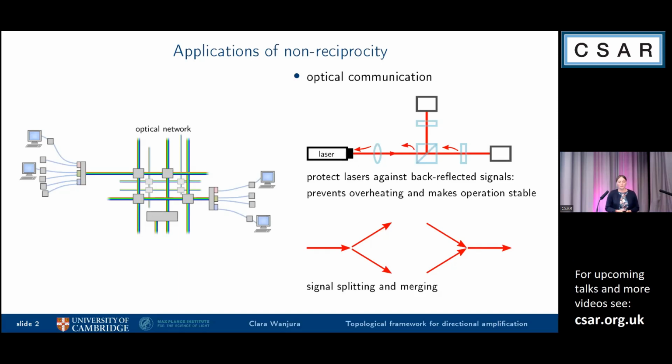And here, non-reciprocal elements become important. It's also important to protect lasers, because when we generate a light signal with a laser and send it in this optical network, some of the light will inevitably be reflected back off the optical elements in the network and re-enter the laser. However, this can lead to overheating and make operation unstable, so it is important to have a non-reciprocal element here to protect the laser.